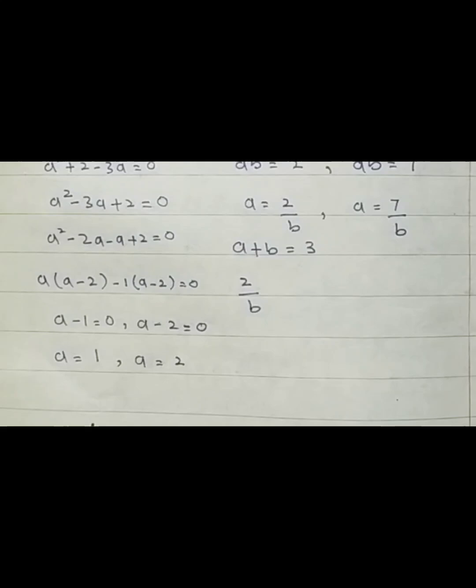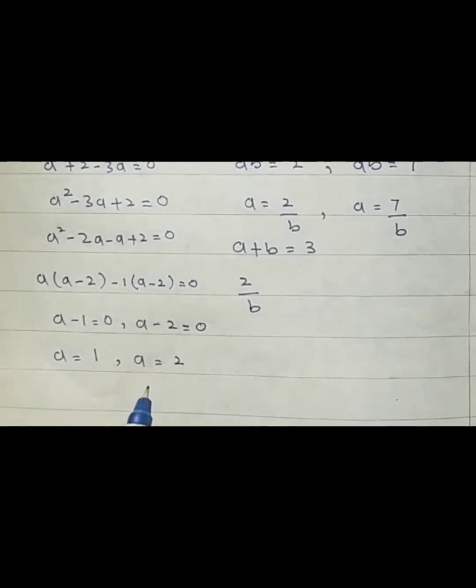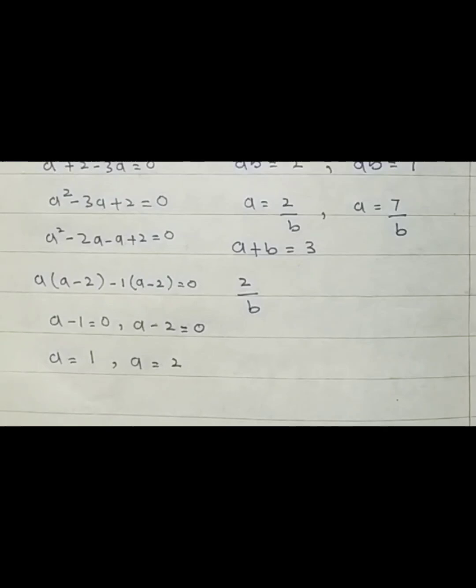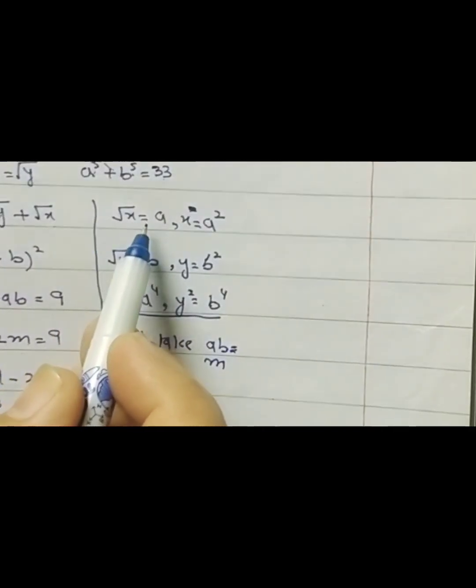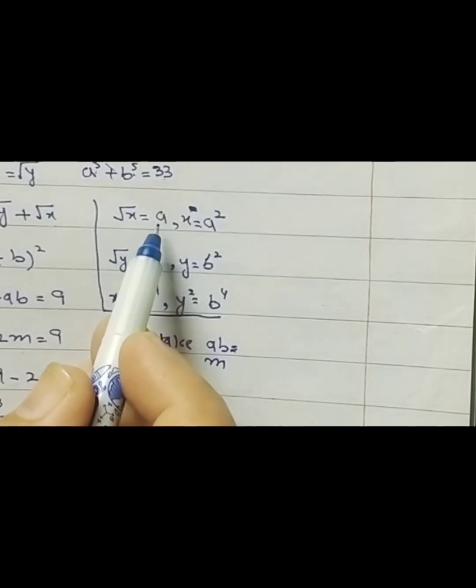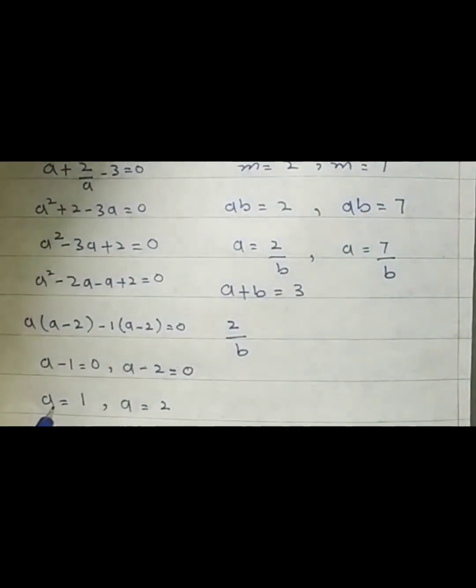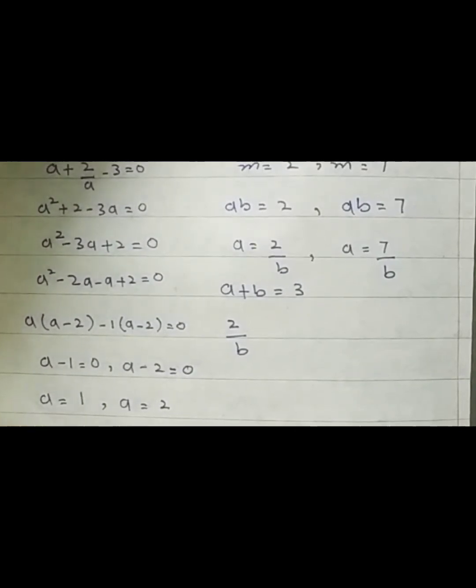So now we have two values of a. As we know, we have taken a is equal to square root x. Looking back, yes, square root x is equal to a. So square root x is equal to 1 and square root x is equal to 2.